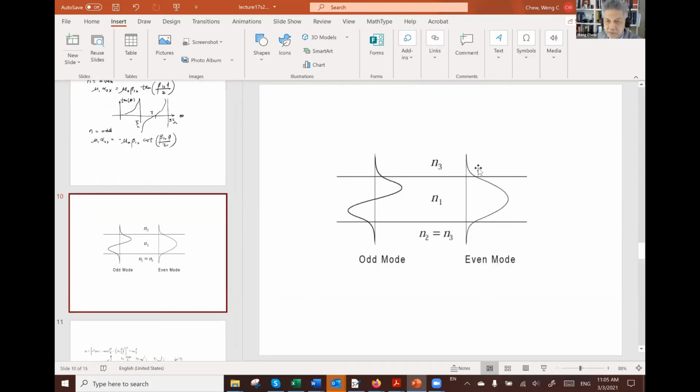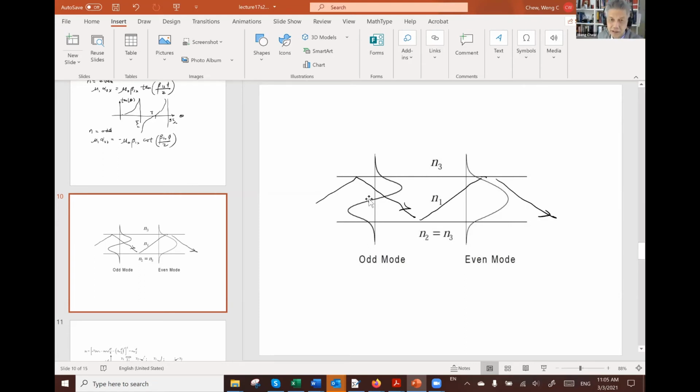The guided modes would be a standing wave inside the dielectric slab waveguide, because it corresponds to waves bouncing back and forth between these two interfaces. It is due to total internal reflection. The wave bounces back and forth.